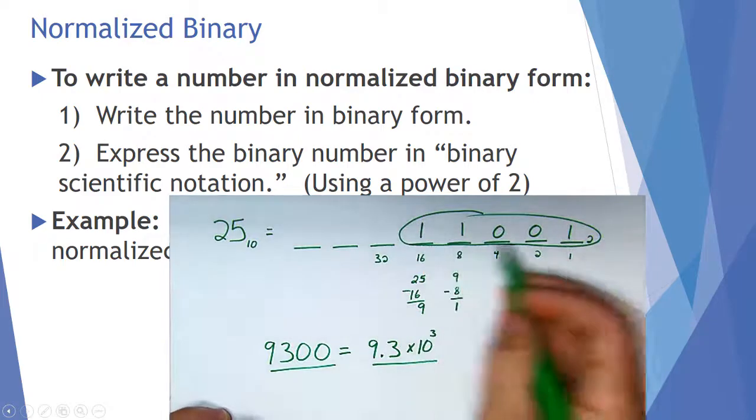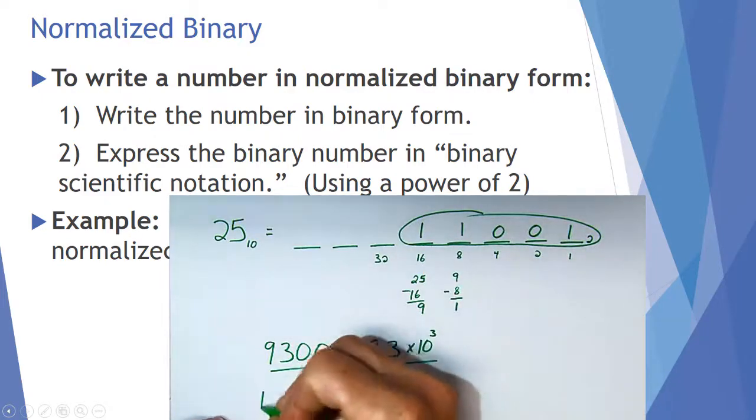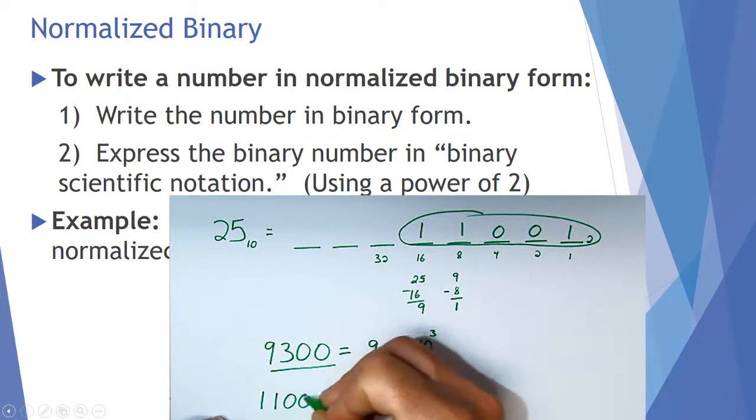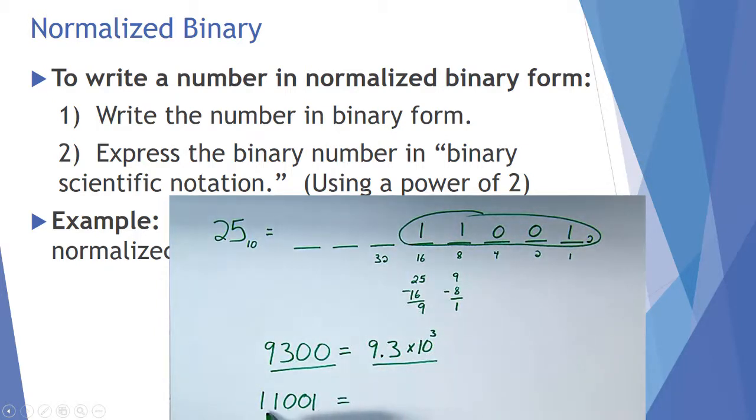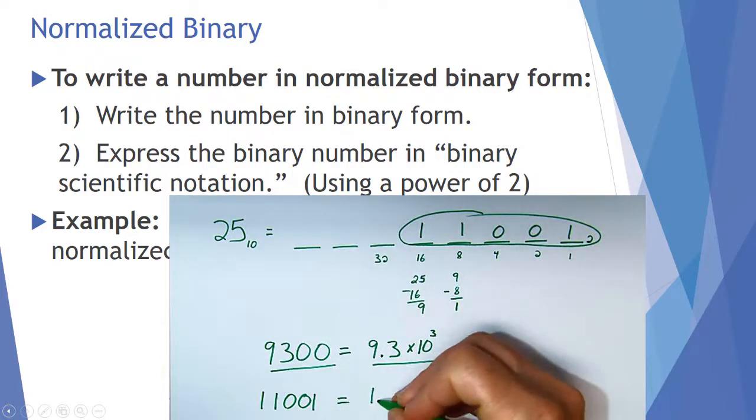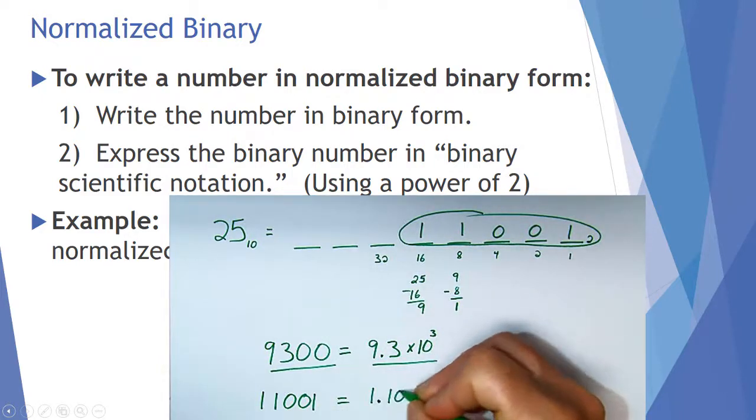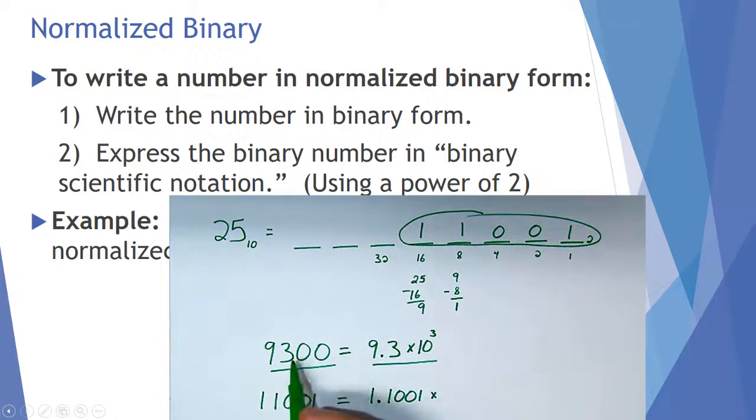Well, we can do the same thing for this binary number. We can take the number 11001 and we can express that in a sort of binary scientific notation. We're going to move our decimal, in this case, 4 places to the left, and this becomes 1.1001. In normal scientific notation, we're working with base 10, and every decimal point represents a power of 10, so we use 10.